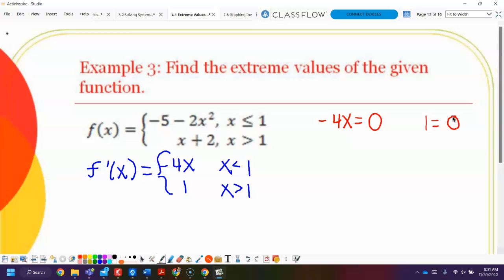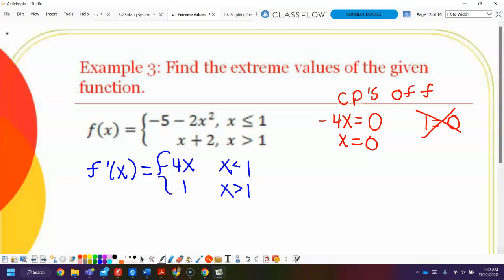The critical points occur at the zeros. So we get x equals 0. That's in my other domain, so I can check that critical point.